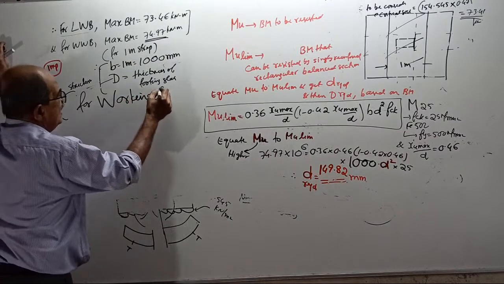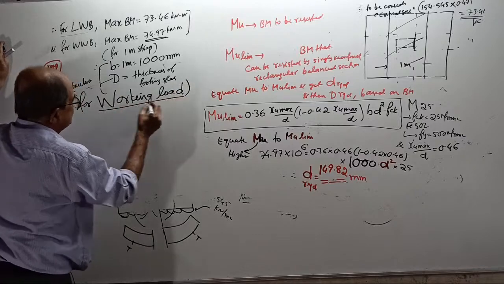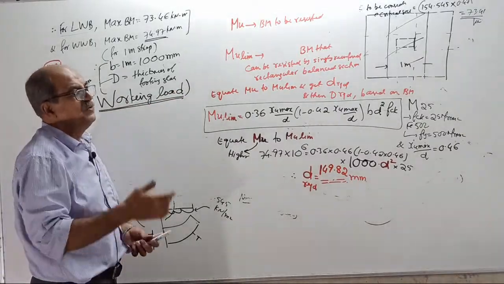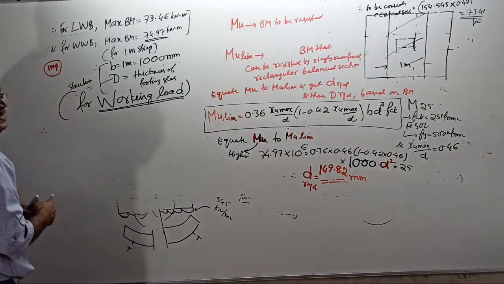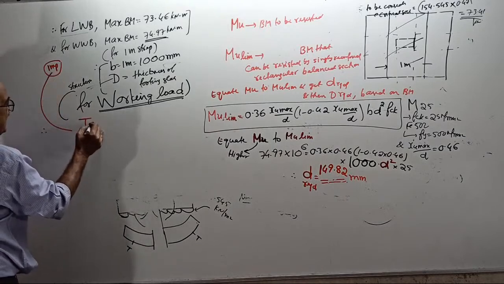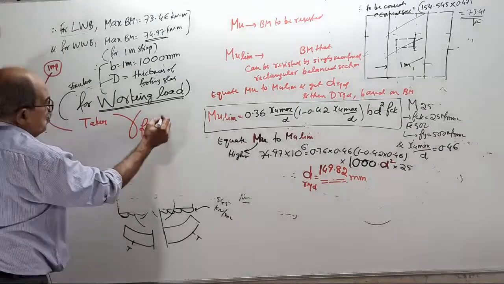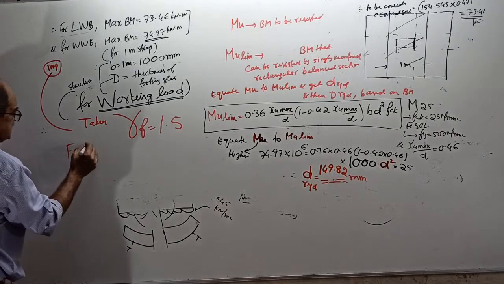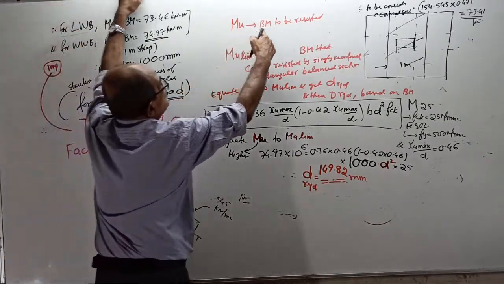If it is an offline class, what I will do? I will again make fun. I will tell, what is this? Okay, now, without forgetting, I told important, taking gamma f equal to 1.5, factored bending moments are, see here, Mu is what?